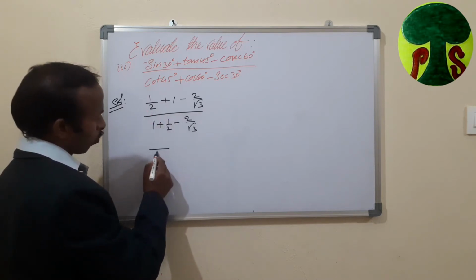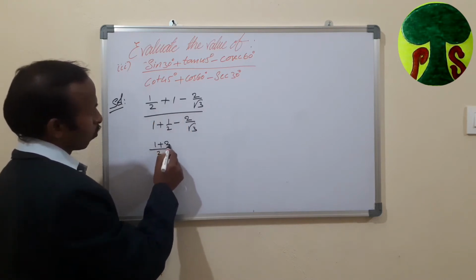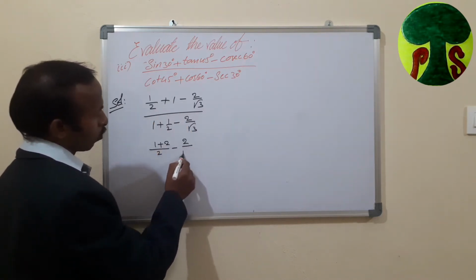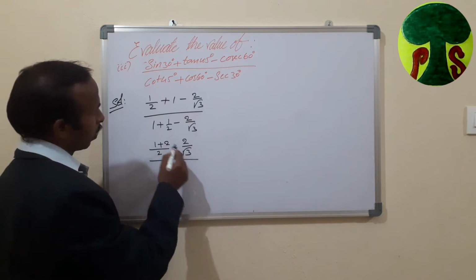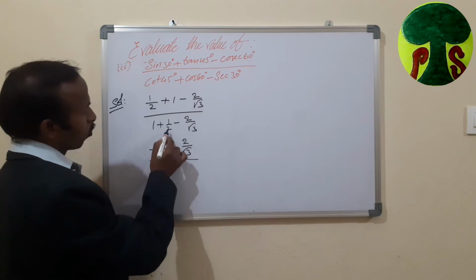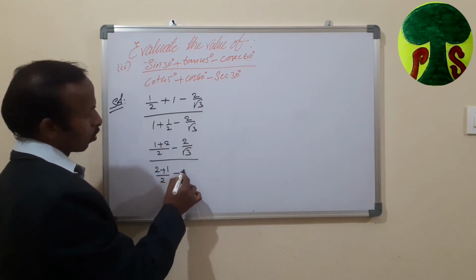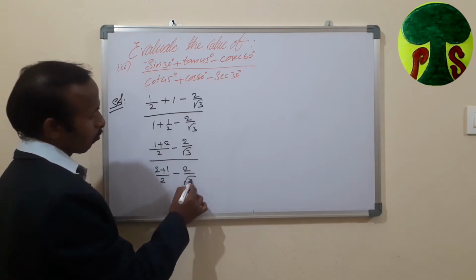So LCM is 2, 1 plus 2 ones 2, minus 2 by root 3, whole by, here also we are taking LCM, that is 2, 2 ones 2 plus 1, minus 2 by square root of 3.